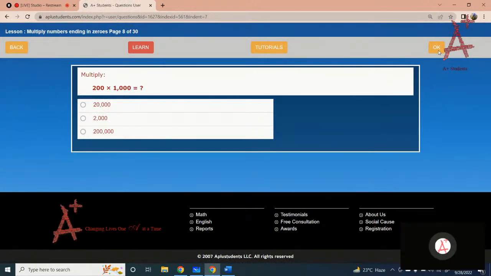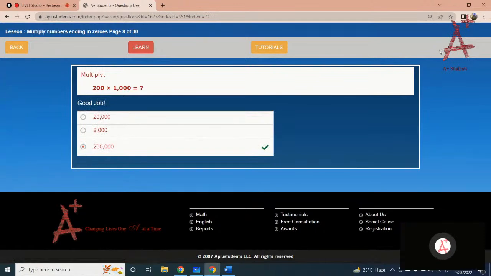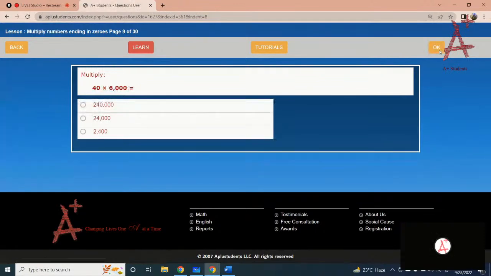So 2 times 1 is 2, and then add 3 zeros with 1000 and 2 with 200. That means collectively we have 5 zeros, so it makes 200,000. Got it? Okay, click on the OK button. Then we have 40 times 6000. So 6 times 4 is, very good, 24, and we have 4 zeros, so that is 240,000.